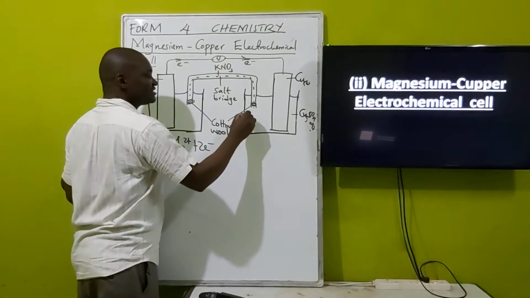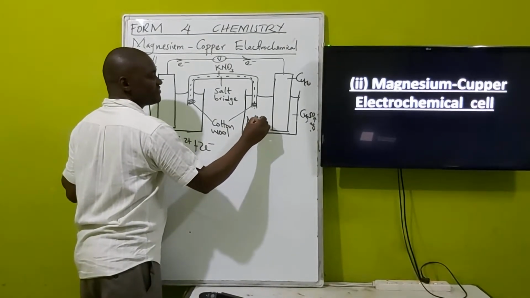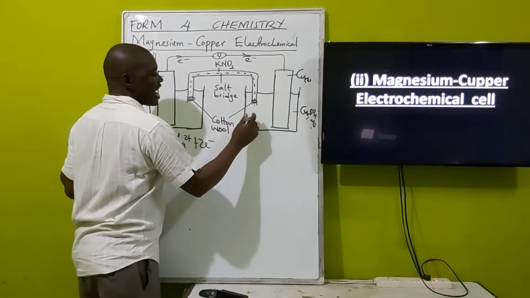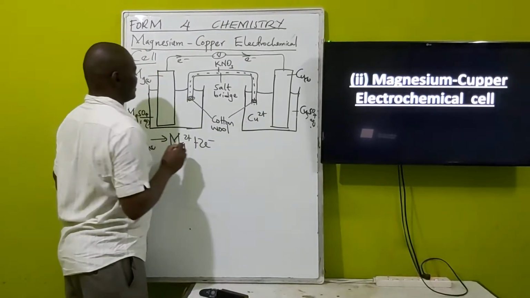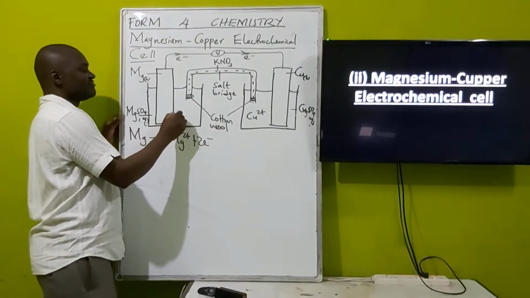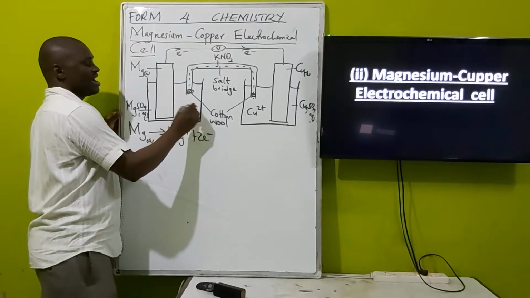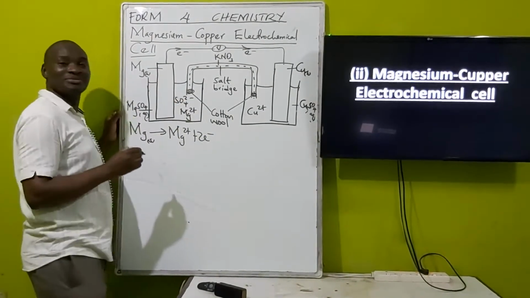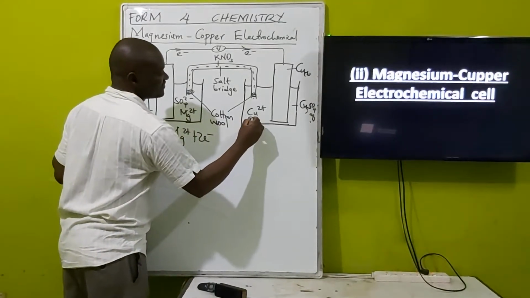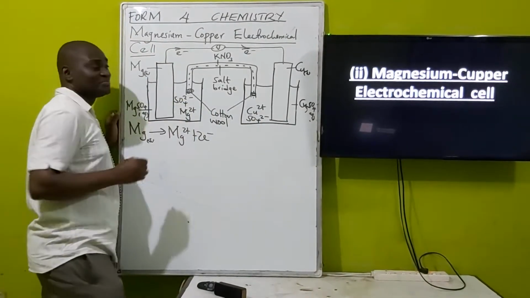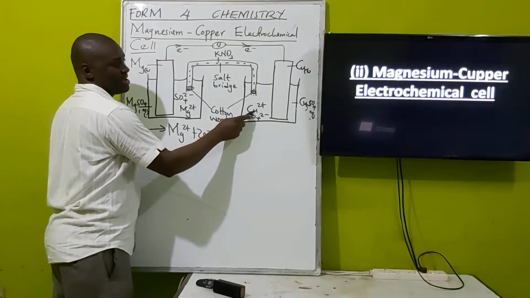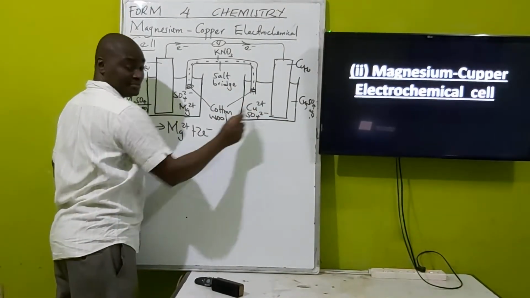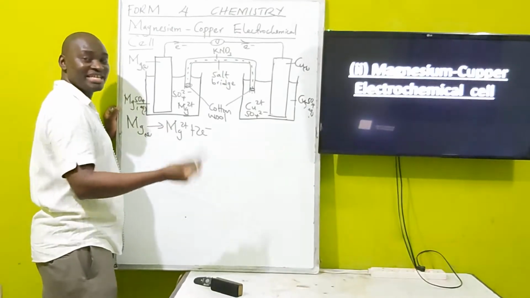Now, in this solution, we have copper 2 ions. And in this solution, we have magnesium ions and also sulfate ions. Here we also have sulfate ions. Now, coming here, this solid, a metal cannot gain electrons.